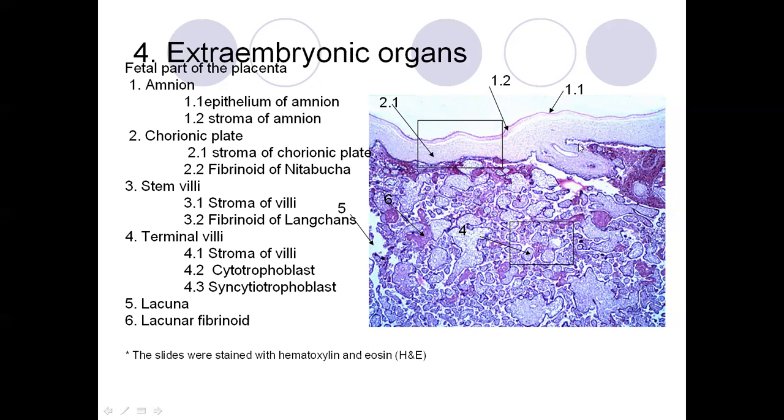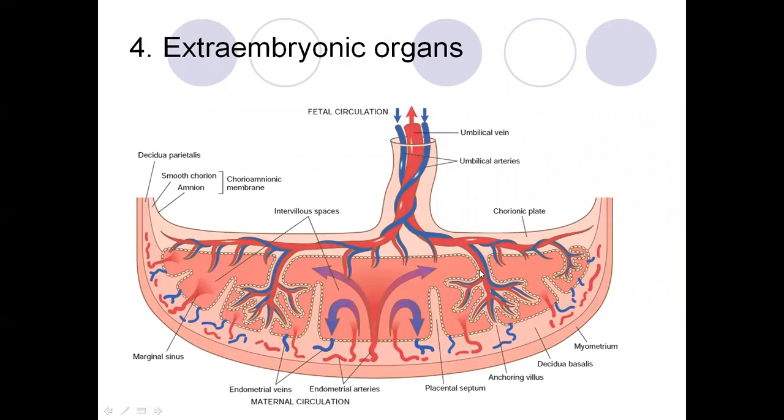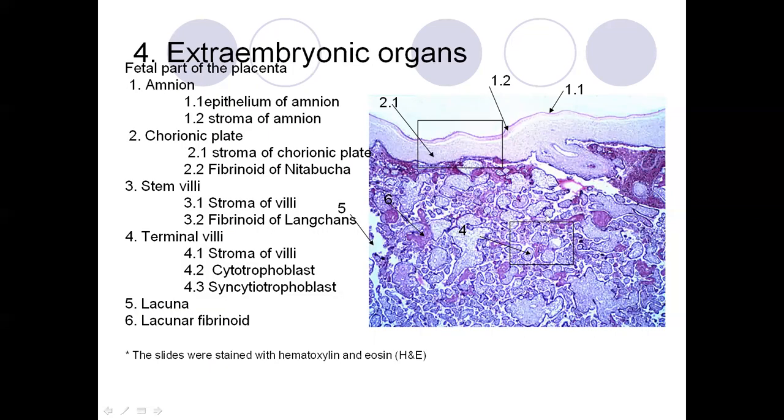Then you can see stem villi, and in this part, you can see parts of villi, a lot of different types. Terminal villi, very large branches of the villous tree, and anchor villi.